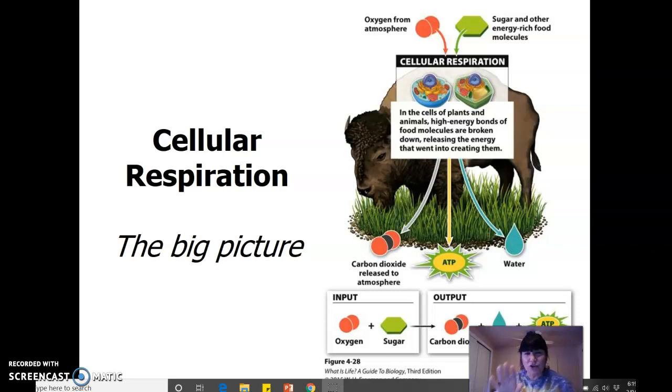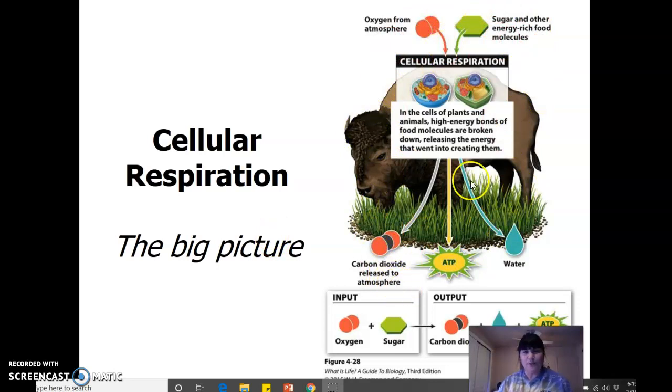It almost looks like you took photosynthesis and switched it, okay? The big picture looks like the reverse of photosynthesis, but in reality, all the little things that are happening are not the reverse, okay?